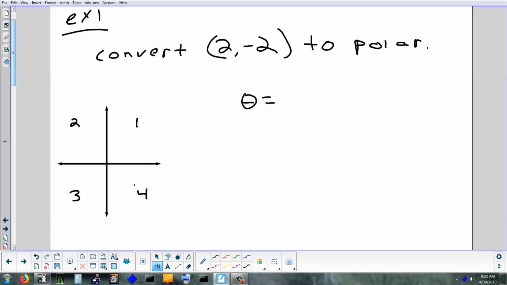Now, whether you find the angle first or you find r first, it doesn't matter. They're totally separate. Let's do the angle. When you're in quadrant 4, is that a quadrant where you have to add the 180? No. So what's the formula for quadrant 4? Inverse tangent of y over x, negative 2 over 2.